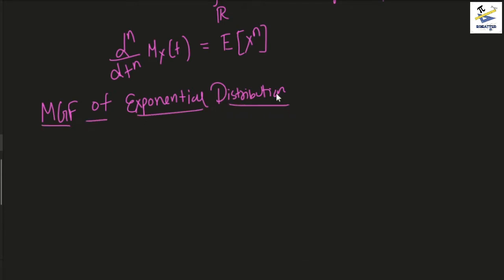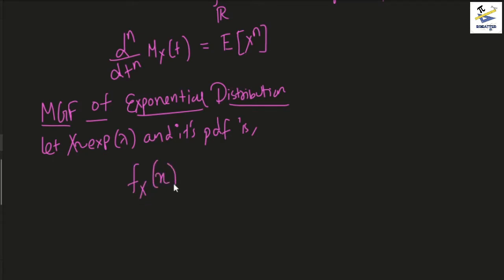For the MGF for the exponential distribution, we would need the PDF. So we can write the statement as: let X follow the exponential distribution with parameter lambda, and its PDF is f of x equals lambda e to the power minus lambda x, for x greater than 0.